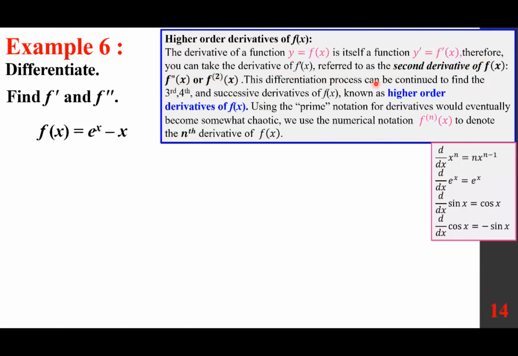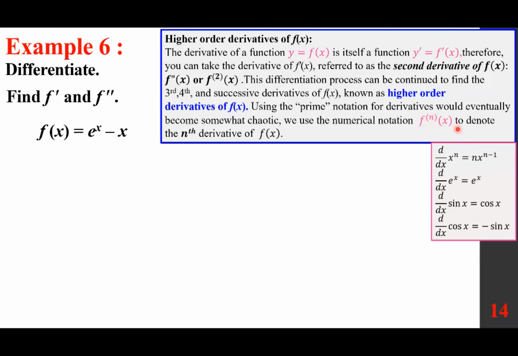This differentiation process can be continued to find the third, fourth, and successive derivatives of f of x, known as higher order derivatives of f of x. Using the prime notation for derivatives would eventually become somewhat chaotic. We use the numerical notation f, and then inside the parentheses n. That doesn't mean the power.